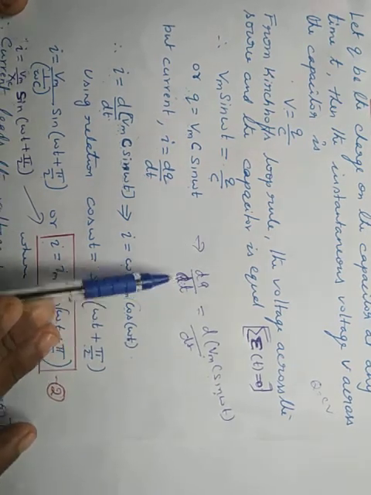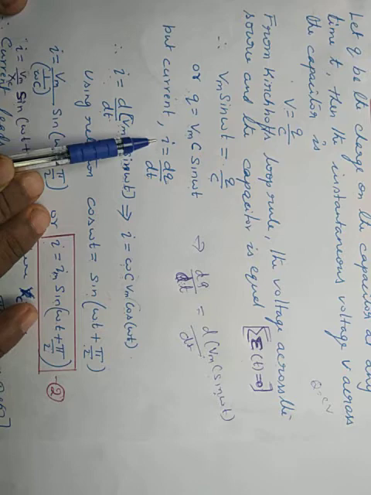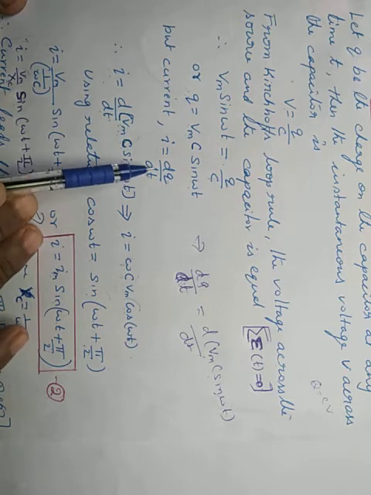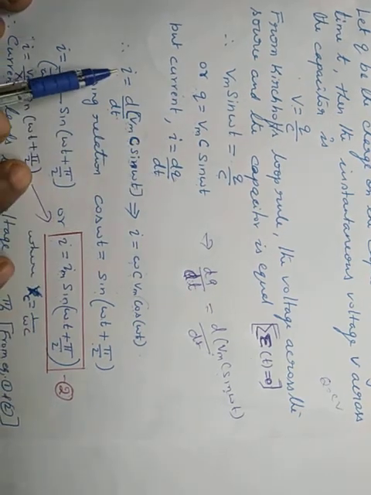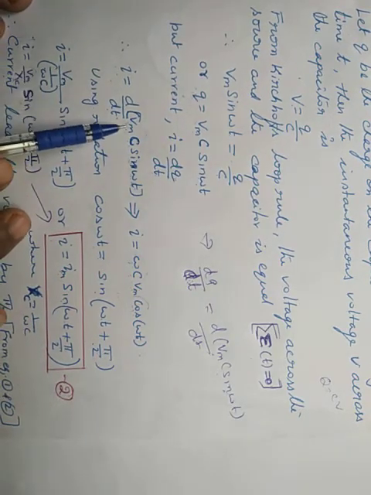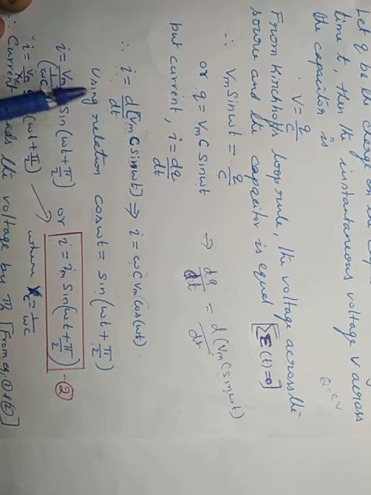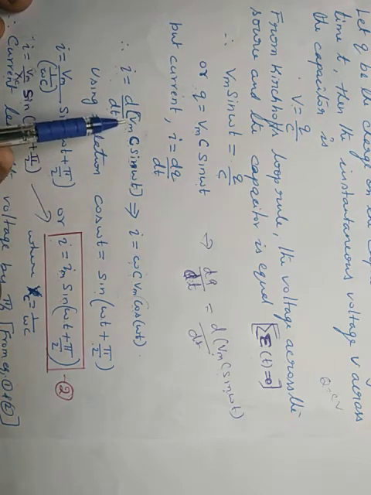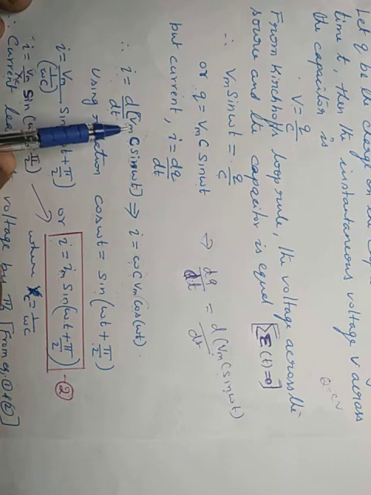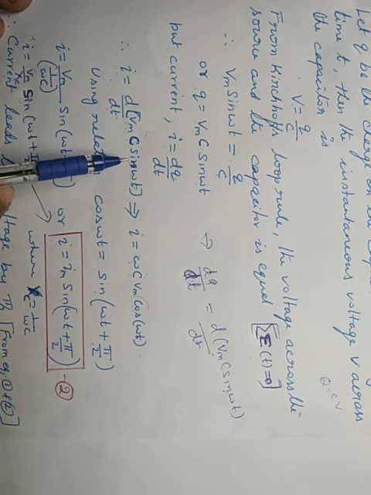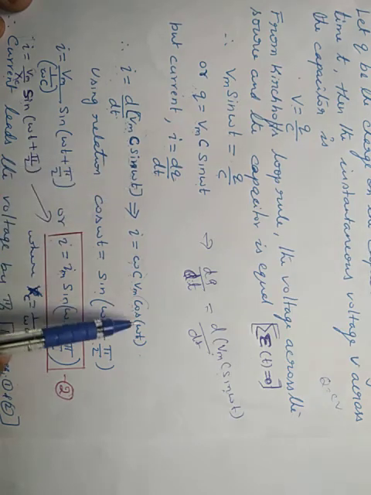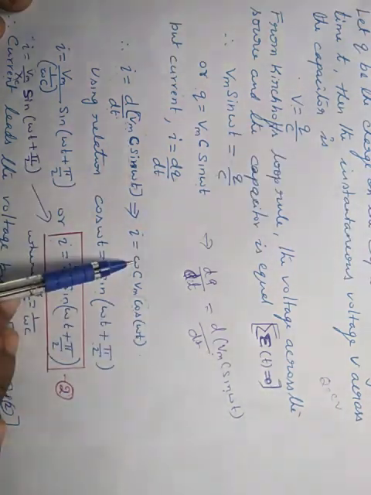But dq by dt is nothing but the current I, the rate of flow of charge, where q is the charge. So, instead of dq by dt you can write I. Therefore, you get I equal to d of Vm C sin omega t by dt. If you differentiate this term, you bring the constant Vm C outside, then the differentiation of sin omega t is cos omega t into omega.